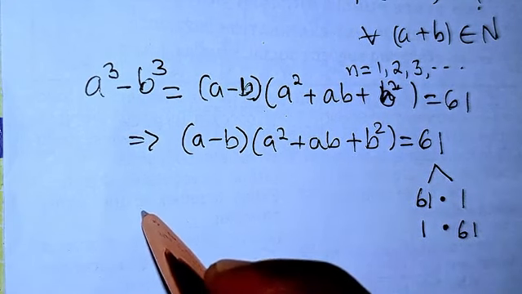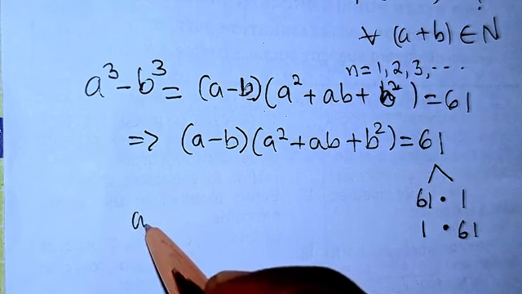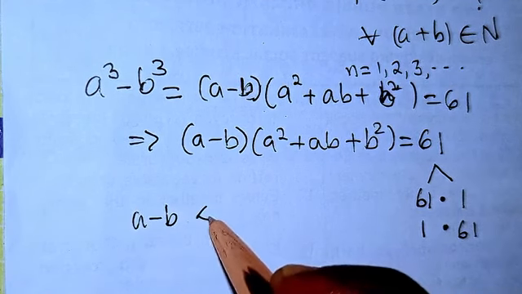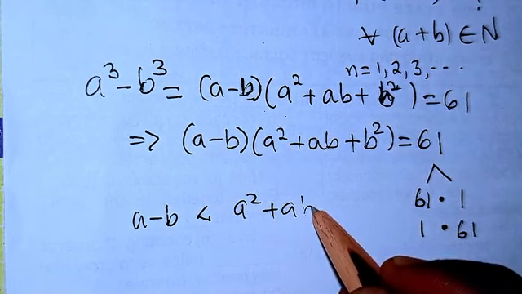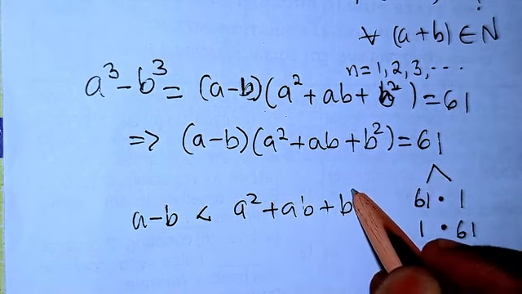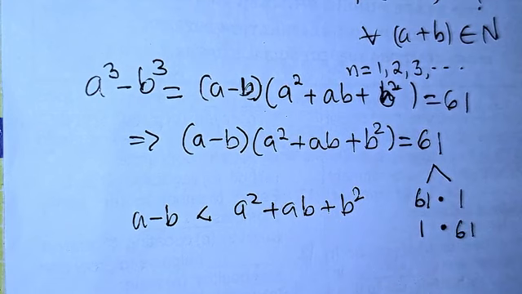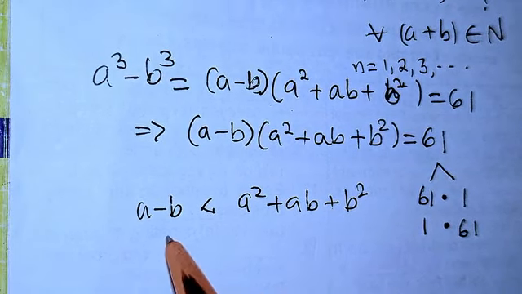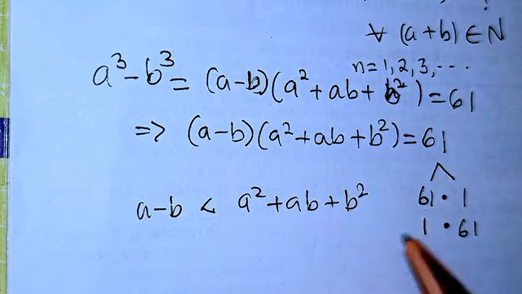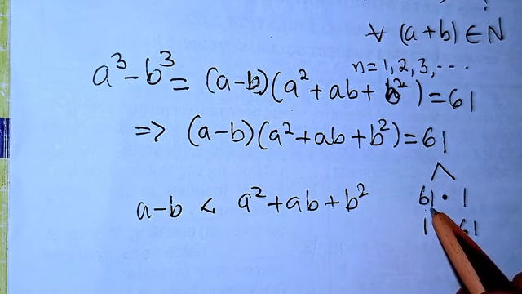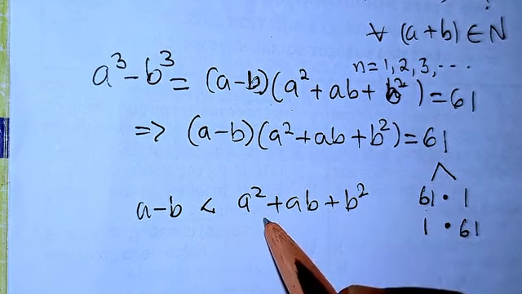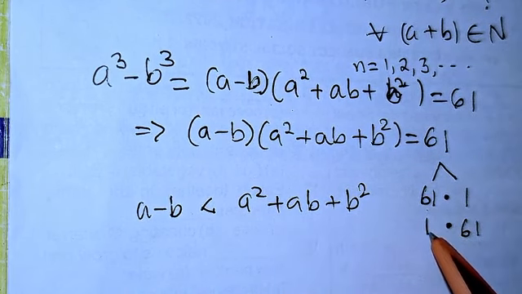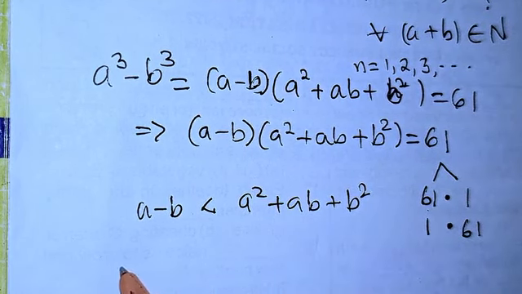You know that a minus b is less than a squared plus ab plus b squared, right? So we are going to connect the bigger factor, 61, with the bigger expression here, and the smaller one, 1, with the smaller expression.